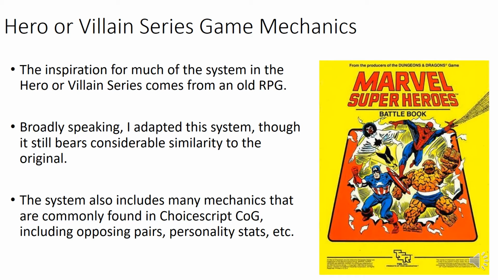To do that, I've incorporated many mechanics that you often see in ChoiceScript, Choice of Games, and other hosted games, and this includes the use of opposing pairs, personality stats, and so on. The reason for this is to give the main character a personality and to have non-player characters interact with that main character based on how they perceive him or her.